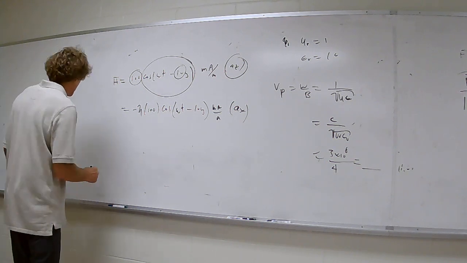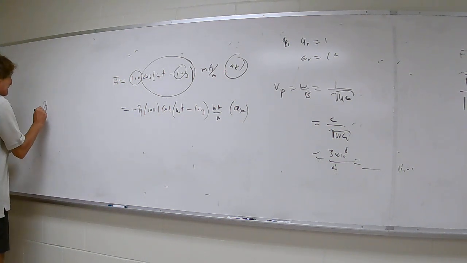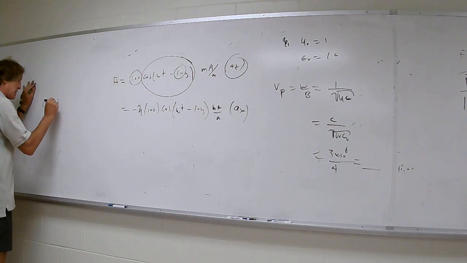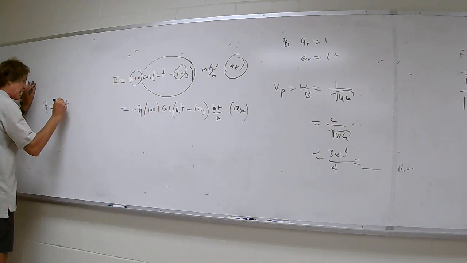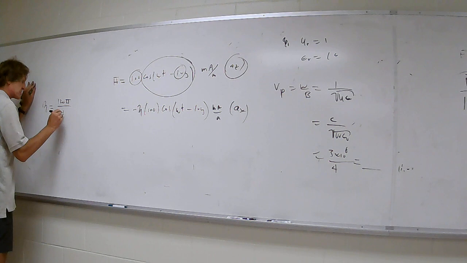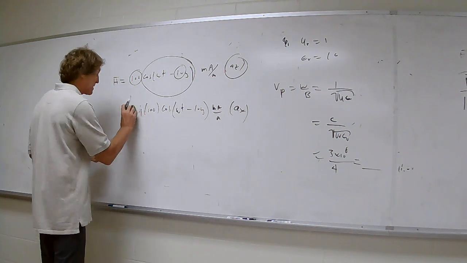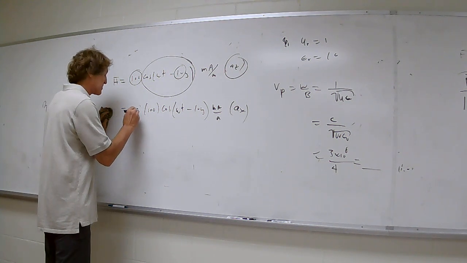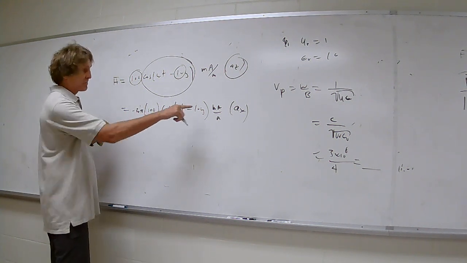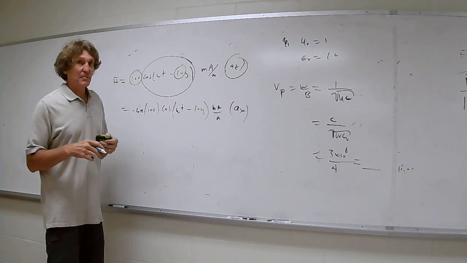And what is eta? It's the square root of mu over epsilon. Right, 120 pi, divided by the square root of 16, or 4, so 30 pi. So this is minus 30 pi, and that's milliamps, so milli is 10 to the minus third.